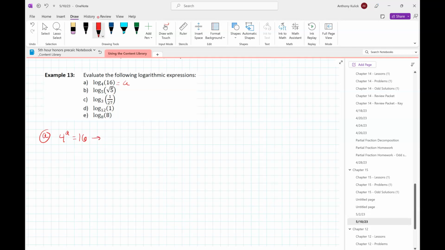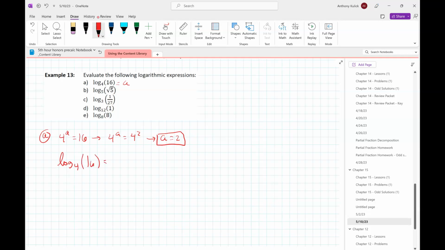And then from there, it's probably pretty easy to see that because 16 is 4 squared, a just has to equal 2, right? You guys recognize that? All I did was use the exponential part of the definition to rewrite that logarithmic equation as an exponential.